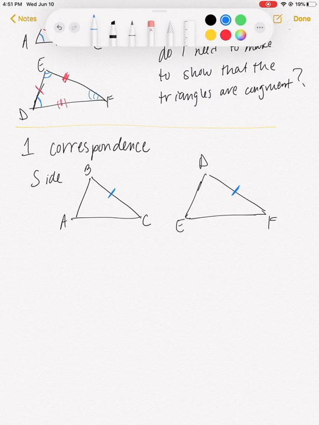So if I can demonstrate a counterexample, a new triangle DEF, where DF is still the same size as BC, then that means this correspondence test fails. I need to have more information. Just one side is not enough to establish congruence with the other triangle.